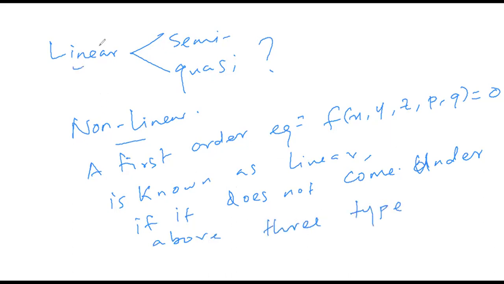So if it doesn't obey any of these conditions, we call it non-linear. If it does not come under the above three types, we call it a non-linear equation.